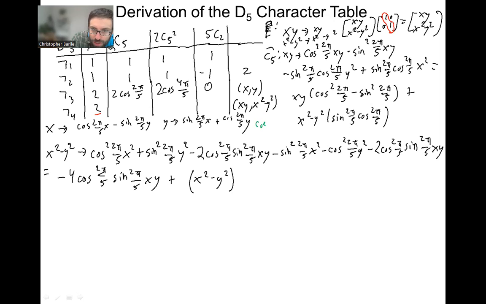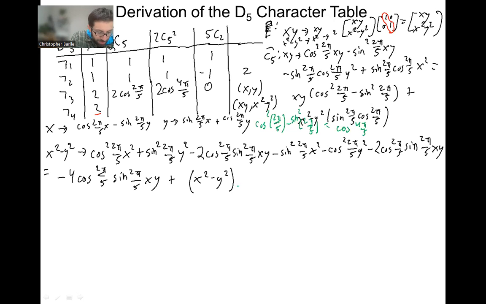Let's see. Cosine squared of 2 pi over 5 minus sine squared of 2 pi over 5 is actually equal to cosine 4 pi over 5. Okay. And the opposite of that, the negative of that, is just going to be the negative of this.